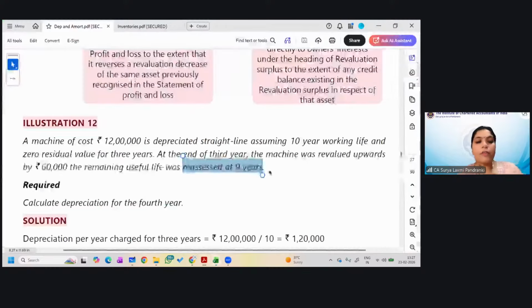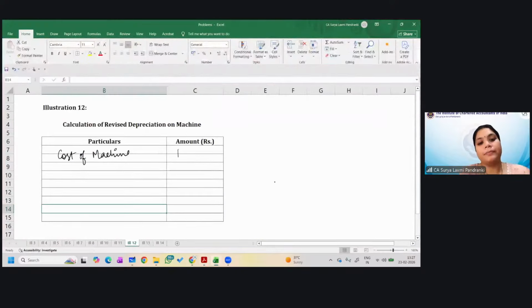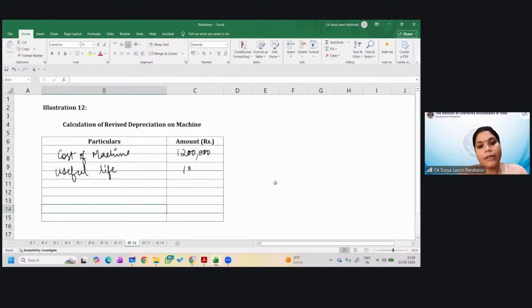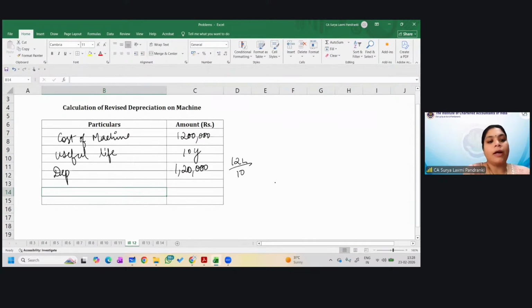So what is the cost of the machine? 12 lakhs. And useful life is 10 years, right? So depreciation is 12 divided by 10, which will be 1,20,000. Now, depreciation was already provided for 3 years, right? So 1,20,000 into 3 is how much? 3,60,000.